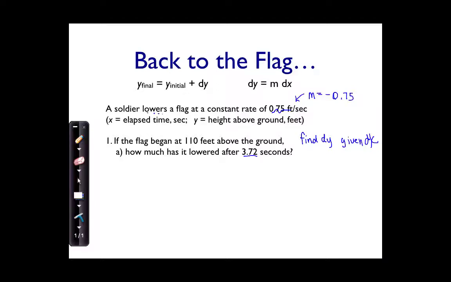It's using English instead of math, so there's not a negative sign in the sentence, but it lowers by 0.75 feet per second. So m is negative 0.75, dx is 3.72.